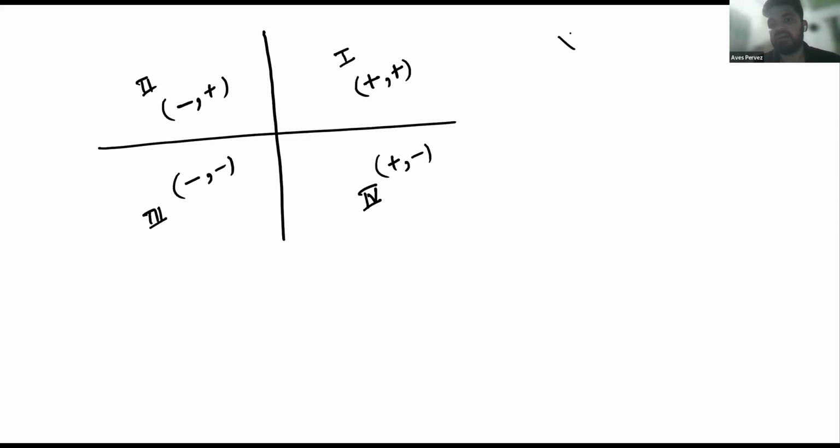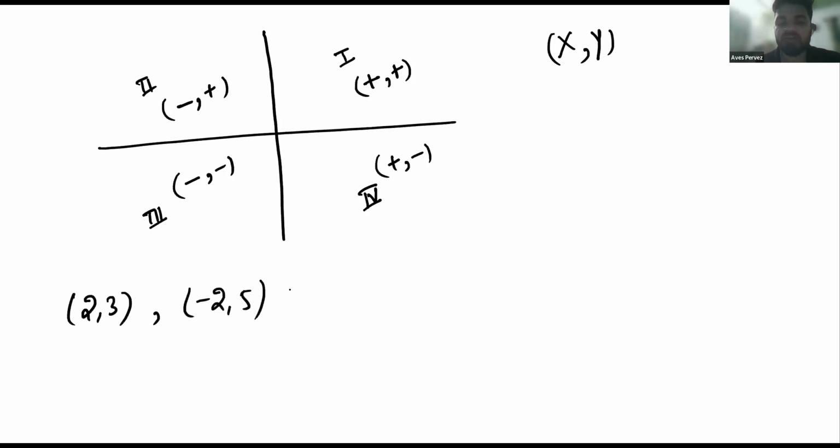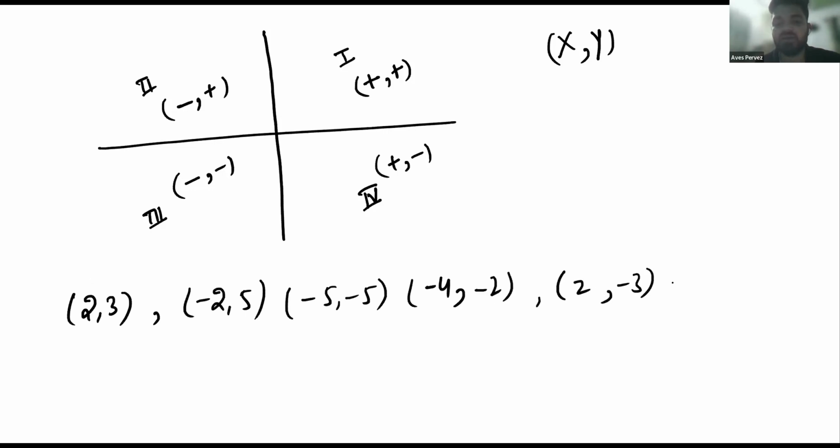When we write a coordinate, we always write the x coordinate first, then the y coordinate. I'm writing some coordinates here, and you have to tell me in which quadrant or where they will lie. First, 2, 3. Second, -2, 5. Third, -5, -5. Fourth, -2, -2. Fifth, 2, -3.